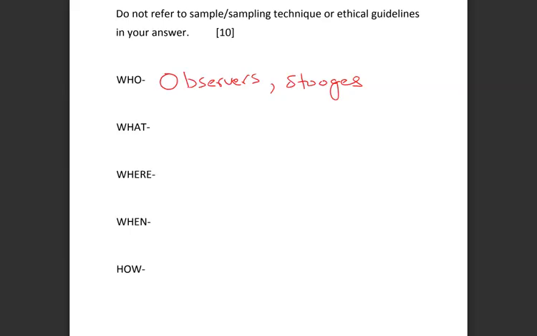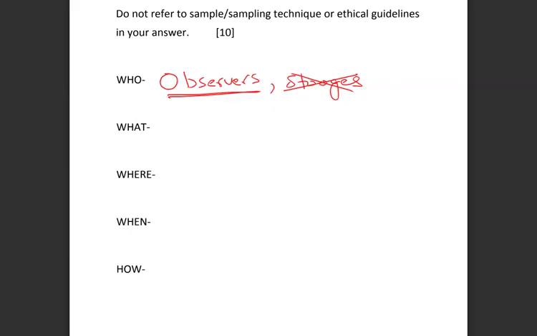But if you don't need a stooge, don't put one. Put observers if you're doing an observation. If it's a self-report study where you're conducting an interview or a questionnaire, then obviously there is no need to put an observer. But if it's an experiment, or if it's a longitudinal study, or if it's a correlational study, and you wish to observe the participants, then yes, you would put observers.